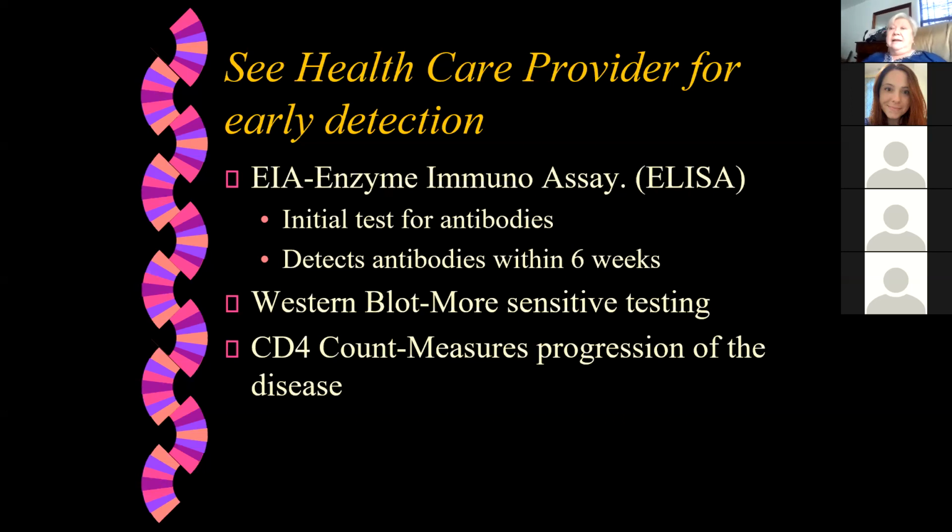A Western blot actually tests for the virus in your blood. If your Western blot comes back positive, you have HIV. And then the CD4 count, I told you, actually measures your CD4, your helper cells, and they use that more for progression of the disease.